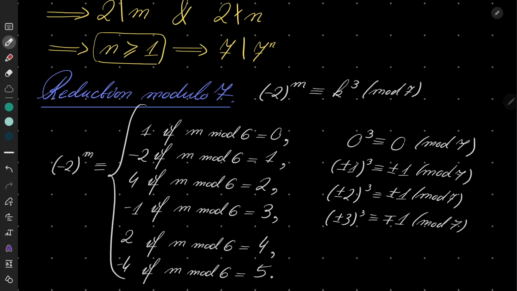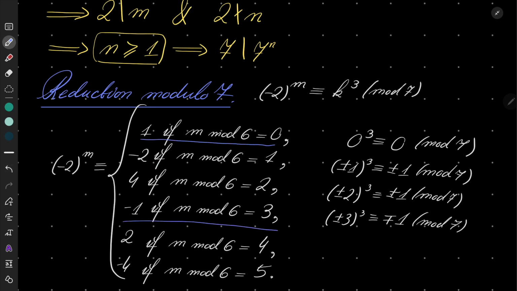And remember that these two sides should be congruent to the same number. And that can happen. Look, 0 doesn't appear on the left-hand side, so we must have plus or -1. And that happens in this case and in this case.